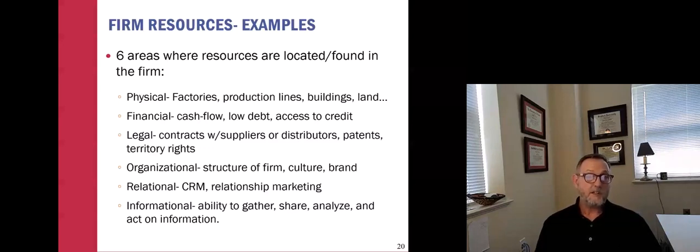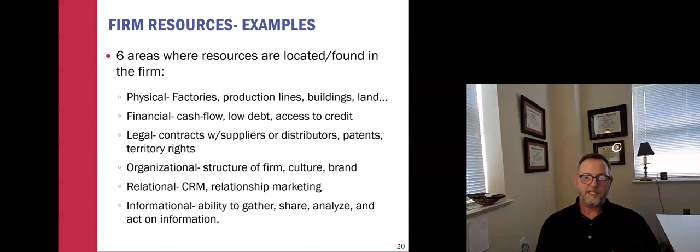These skill sets or resources come typically from 6 different areas: physical, financial, legal, organizational, relational, and their ability to gather and interpret and act on information. So again, I can offer more information on this if you are struggling to identify what your firm's resources or skill sets are. But just know that that's there.